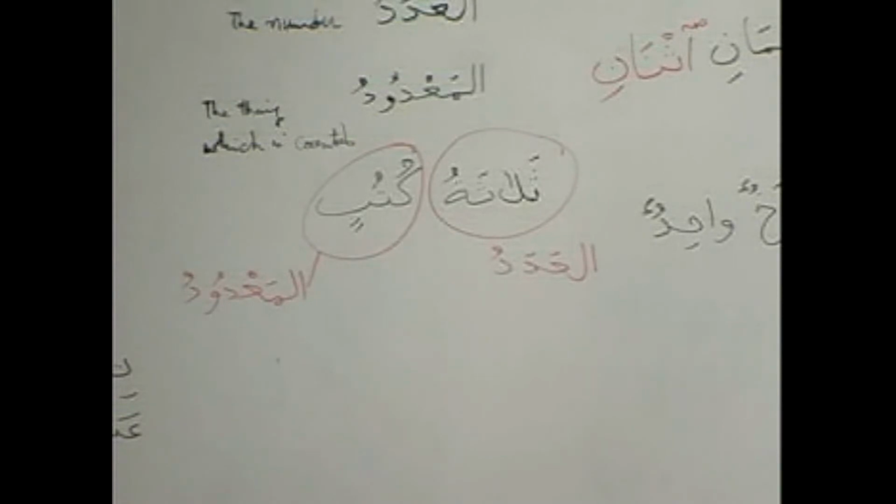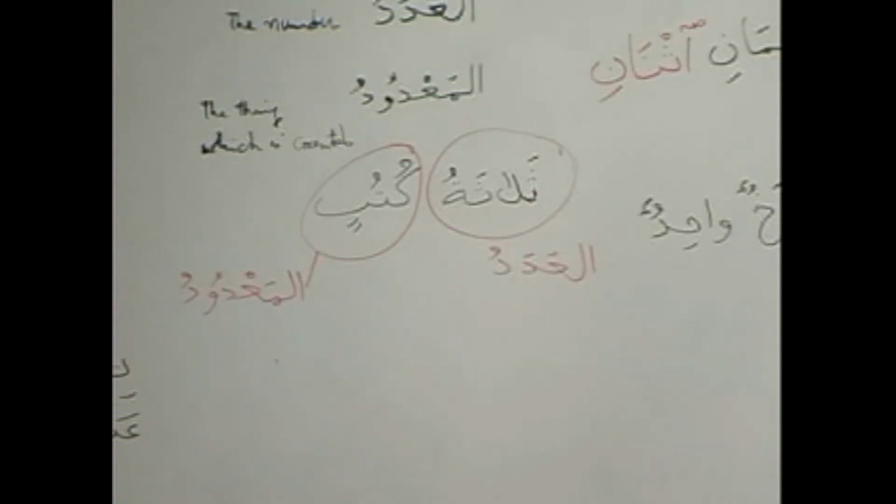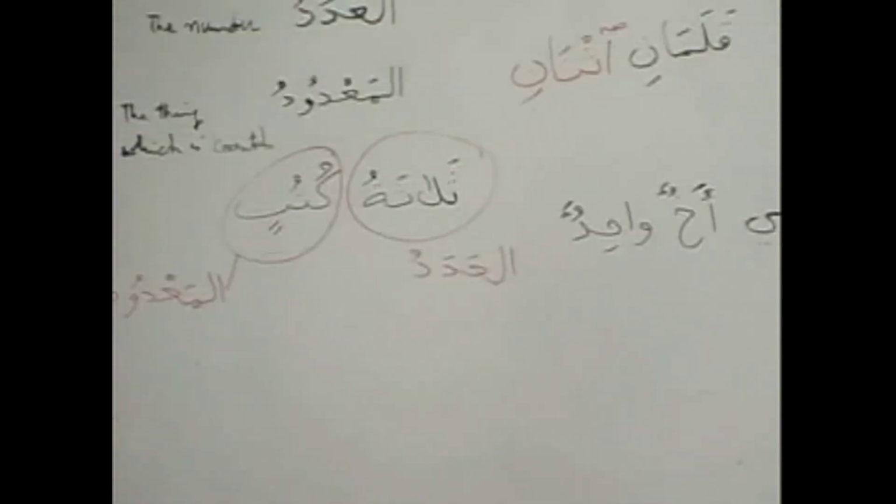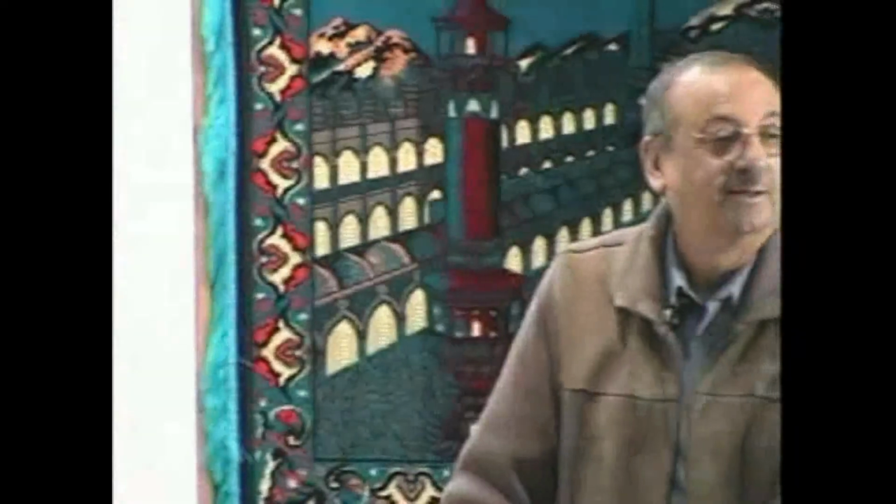Now let us analyze it. Ma'dud is mudaf ilayhi. Is it correct? Brother Abdul Samad, ma'dud is mudaf ilayhi. And is it singular or plural? Kutubin. Plural.